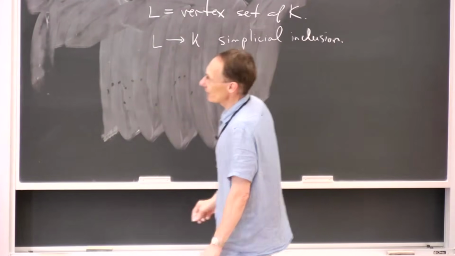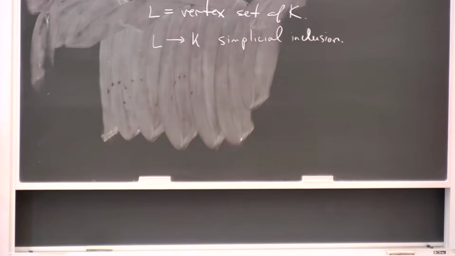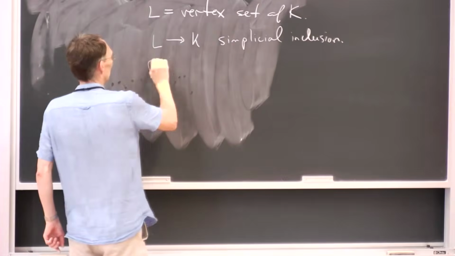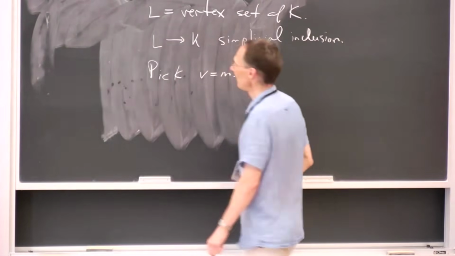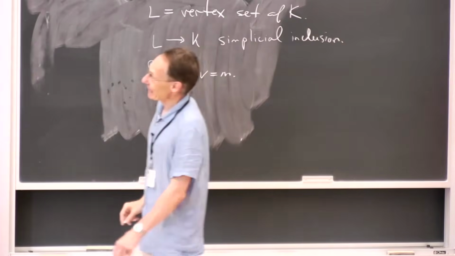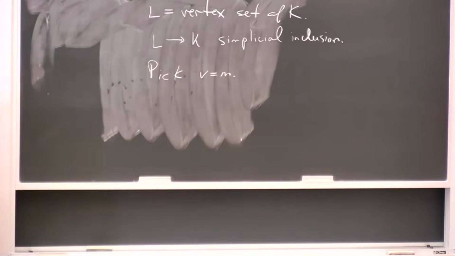There's a particular vertex that we're focused on. Let's make it concrete by making it vertex m. In terms of this homotopy fiber of an A into an X, now our A is a point.